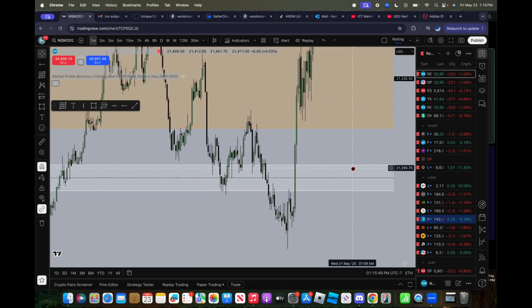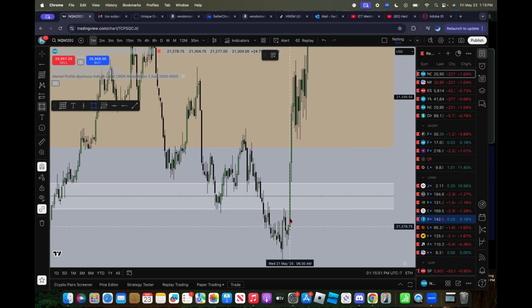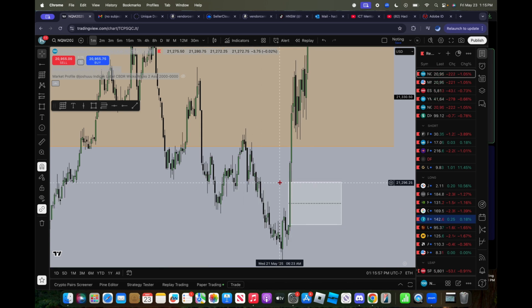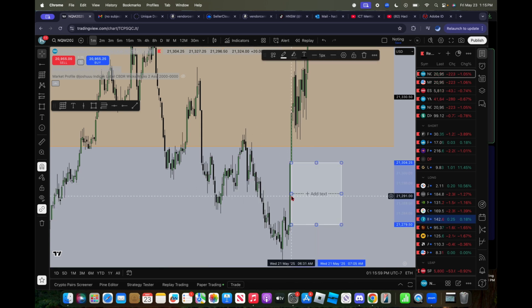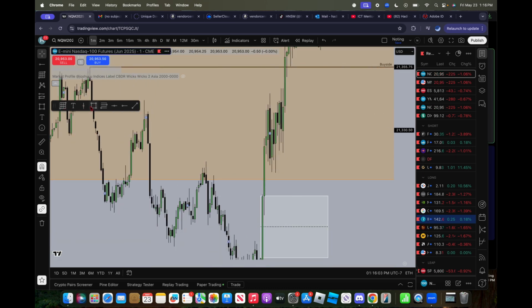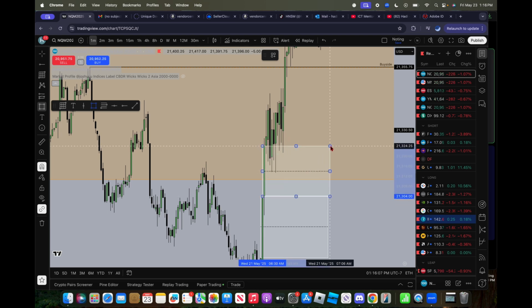Yeah. So right here, for example, this would be your breakaway gap. I'm going to take the 15-minute gap off too. This would be your breakaway gap, and I've got to include the volume imbalances. And then it's not optimal when it's like this, but this is your institutional order flow entry drill.